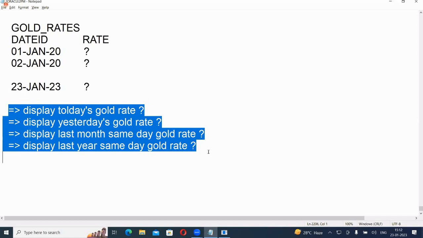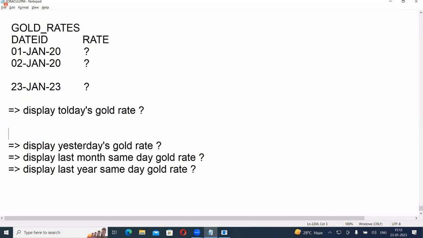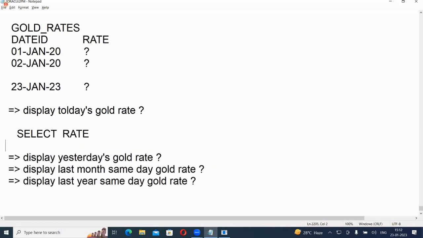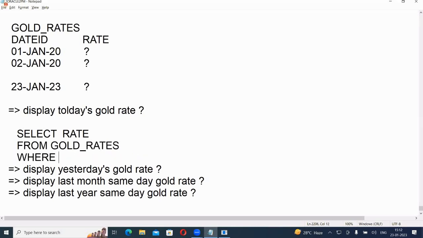Yes or no? Simple. Tell me the query for today. Select rate from gold rates where... From this table, how to get today's record?